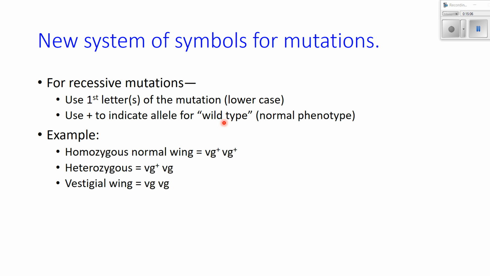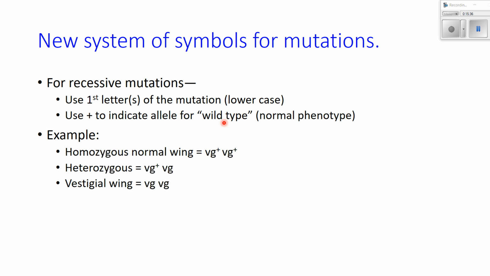Now that's kind of a strange term. In genetics, wild type means if you were to look at thousands and thousands of these flies in nature, in the wild, most of them would look a certain way. Most of them would have normal flight capable wings. So we call that wild type. Most of them would have red eyes. So that's the wild type eye color.